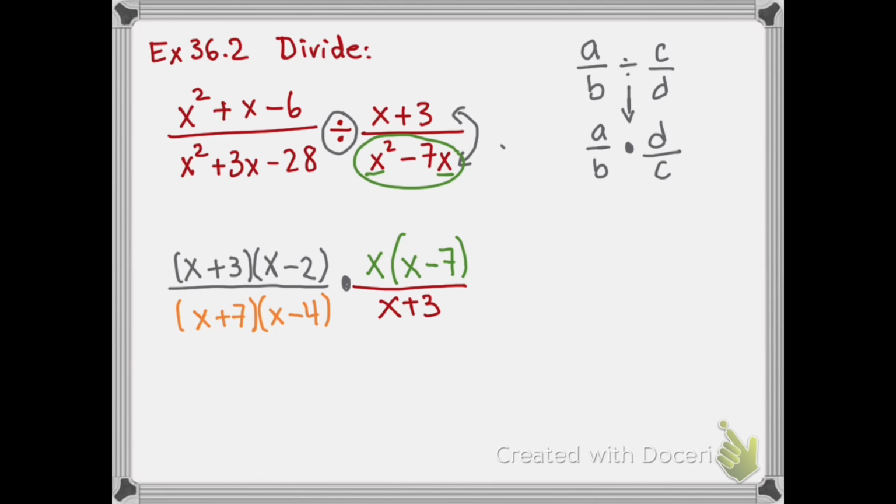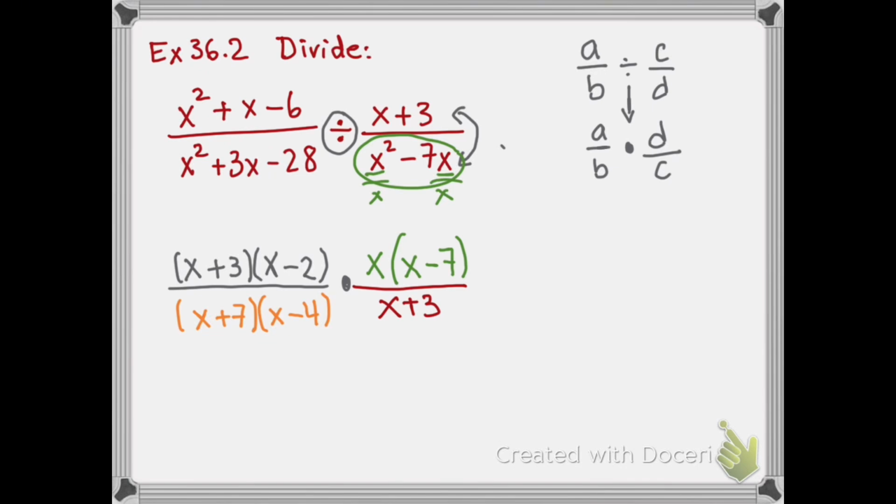Remember, what we do is look for the LCM of these two terms and then divide by that number. So x squared divided by x is x, and negative 7x divided by x is negative 7. And that's how we get that factorization.